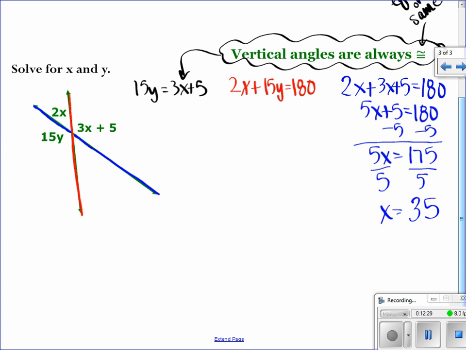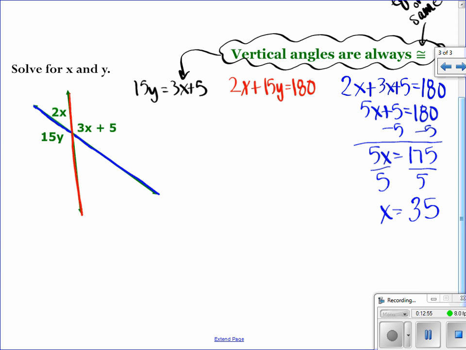We're halfway there, right? We have x. How are we going to find y now? Put it in for x. In either one? Will we get the same answer if we do the black one or the red one? Should. Yes, because they are both true. So you can pick whichever one you want to plug that x into. Tell me which one you want to do. Black one. Okay. So we have 35.